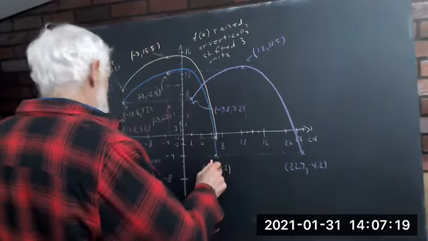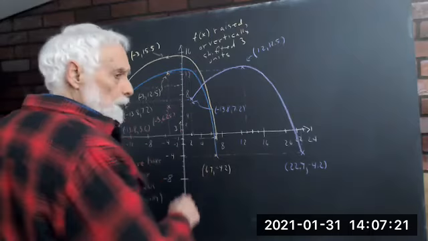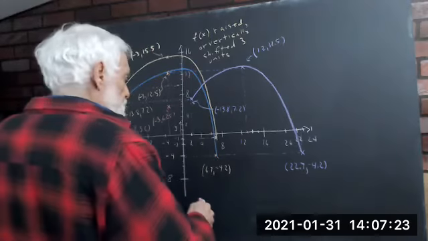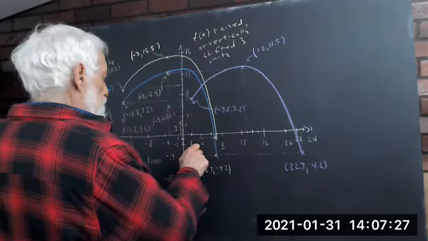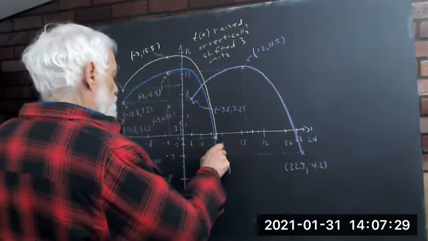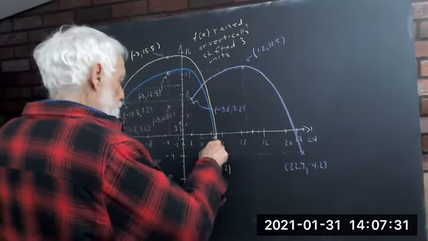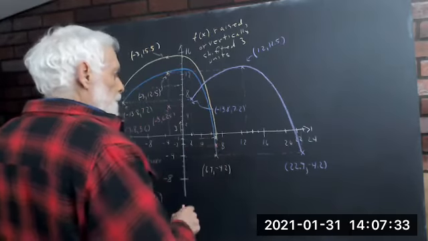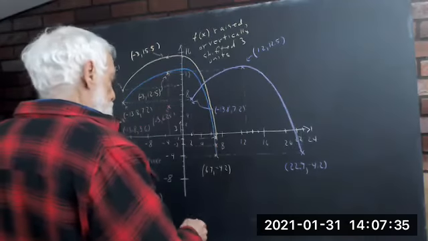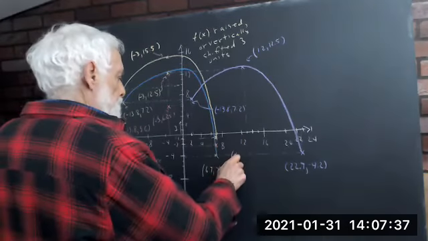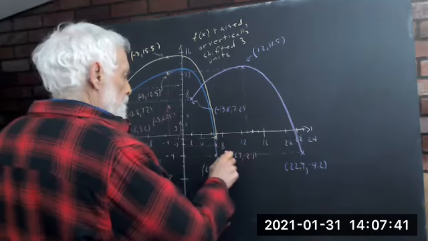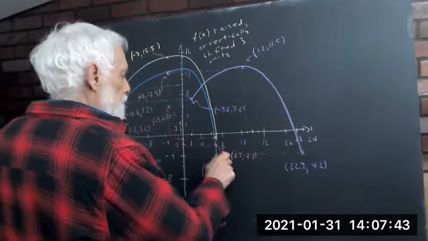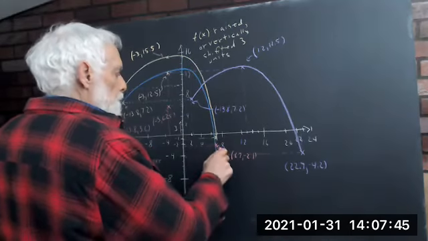But half of 4.2 is 2.1. 2.1 would be about here. I didn't do a great job of scaling this thing. But here we would have then the point 6.7, negative 2.1.